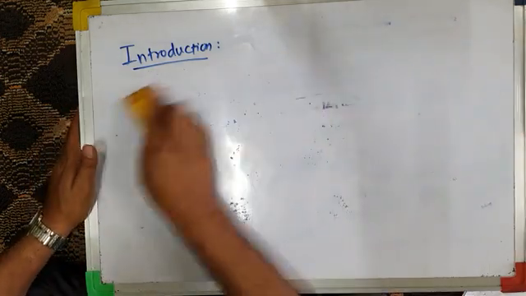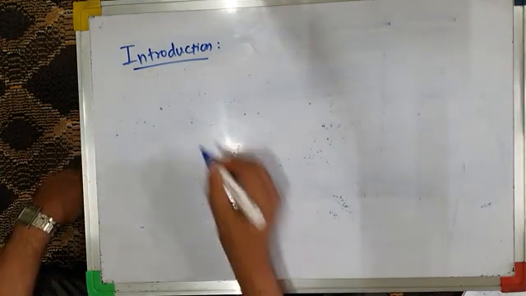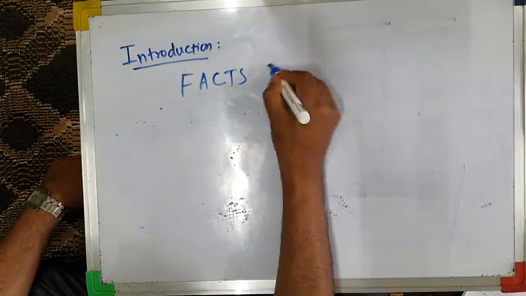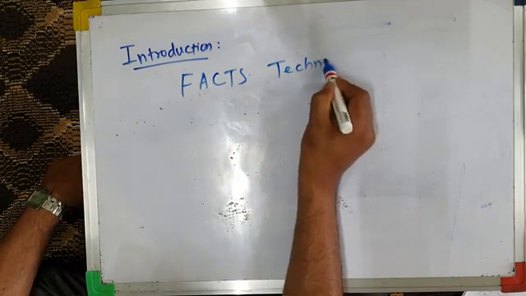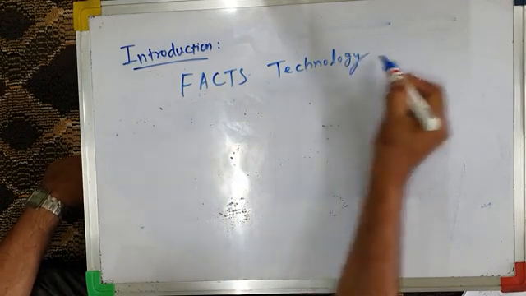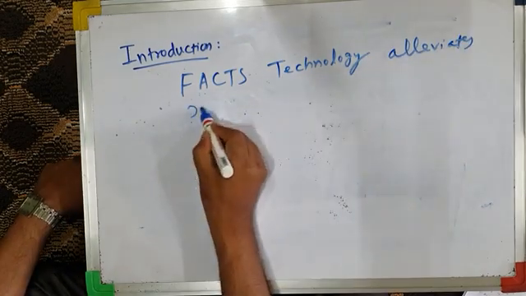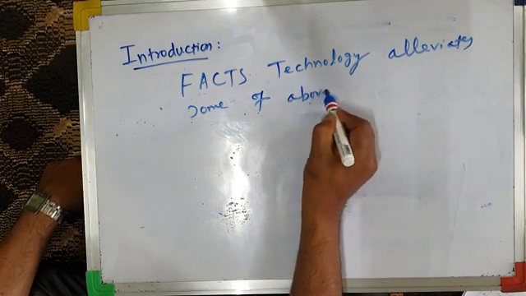The question is, how will FACTS technology solve these problems? Answer to this question is yes. FACTS technology, that's flexible AC transmission system technology, which is a power electronics based technology, alleviates some of the above mentioned problems.